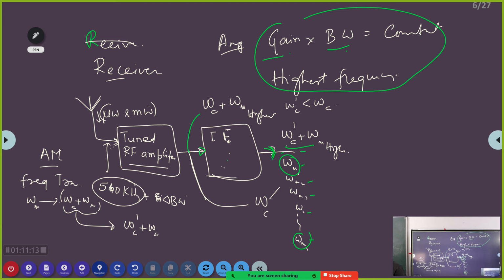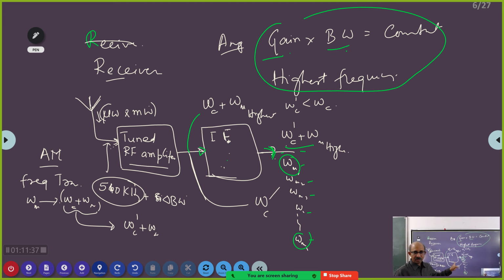Okay, so let me read out. Detection of amplitude modulated wave. The transmitted message gets attenuated in propagating through the channel. The receiving antenna is therefore followed by an amplifier and a detector. In addition, to facilitate further processing, the carrier frequency is usually changed to low frequency by what is called the intermediate frequency stage preceding the detection.